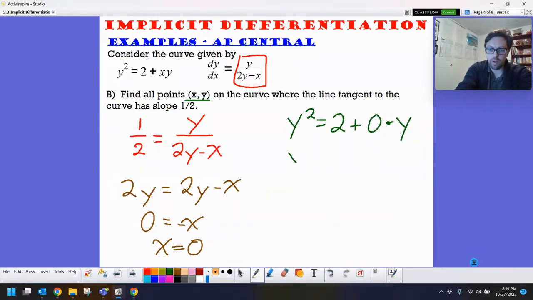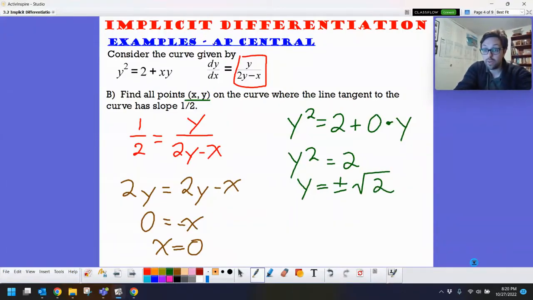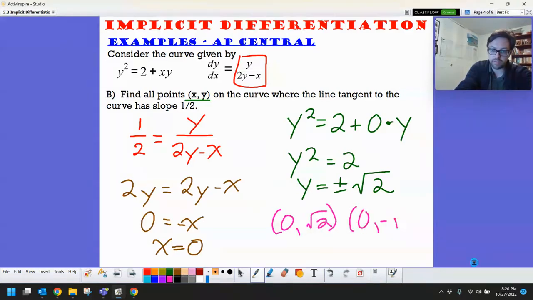And then we get y squared equals 2. And so y equals plus or minus the square root of 2. So we do actually end up with 2 points, even though we only got 1 from our x value. The points are 0 comma square root of 2 and 0 comma negative square root of 2. These are our 2 coordinate points where the slope of the curve is 1/2.